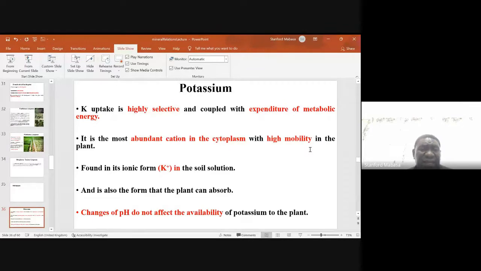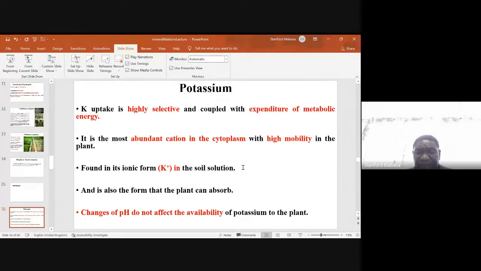This is an abundant cation in the cytoplasm and highly mobile in the plant. It is found in its ionic form, K+, in the soil solution, and is also in the form that the plant can absorb.